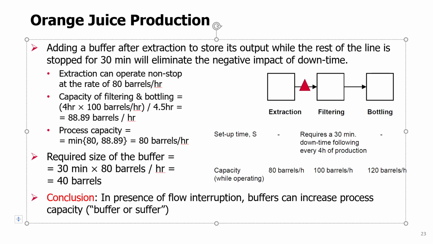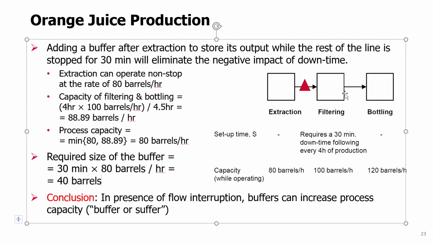So it's 80 barrels per hour operating rate here, flow rate, times the time of 30 minutes, will create 40 barrels of inventory, right? So we need enough storage space for 40 barrels if we want to operate extraction continuously.